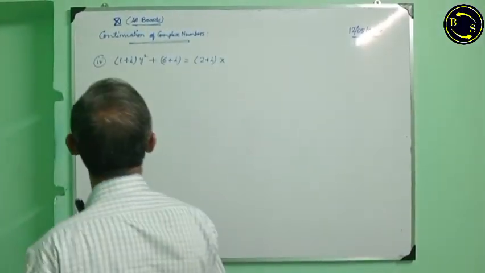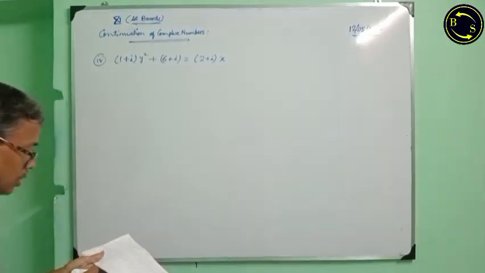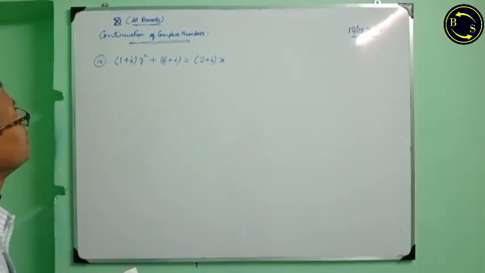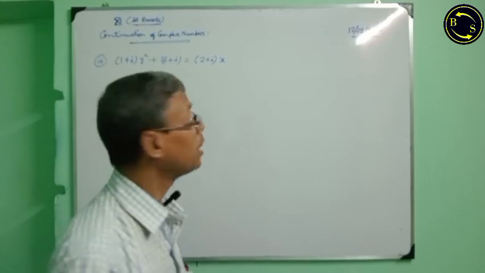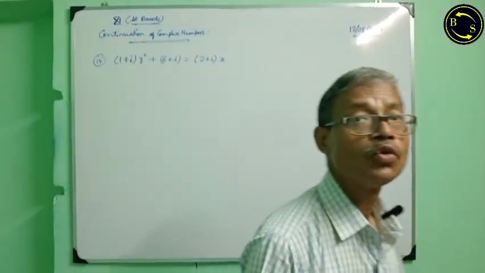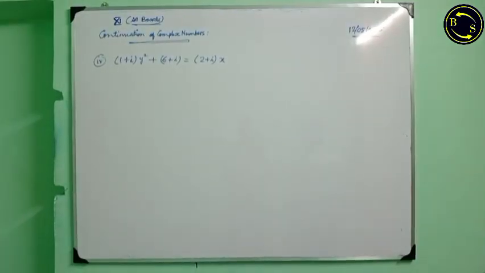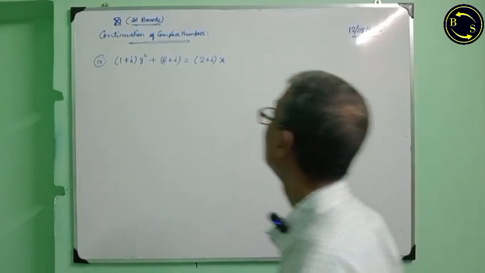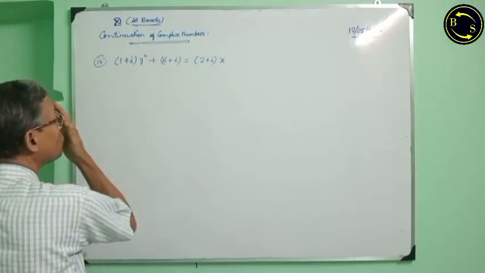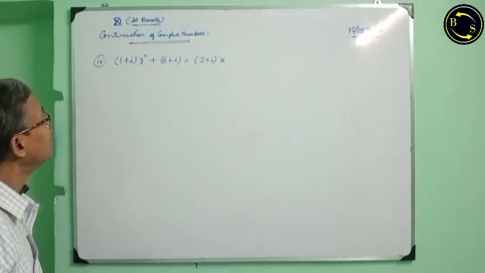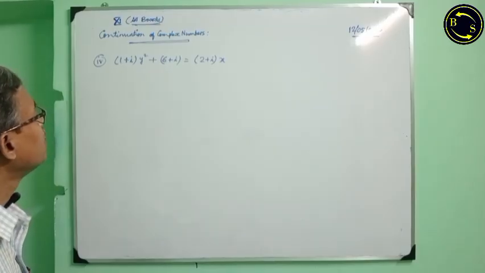Next sum, (1 plus i) whole into y square plus (6 plus i) is equal to (2 plus i) whole into x. On both sides, iota symbol is there.